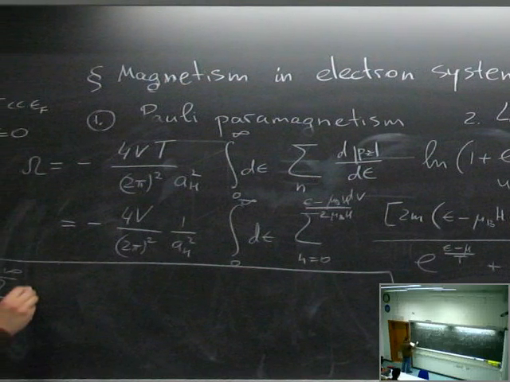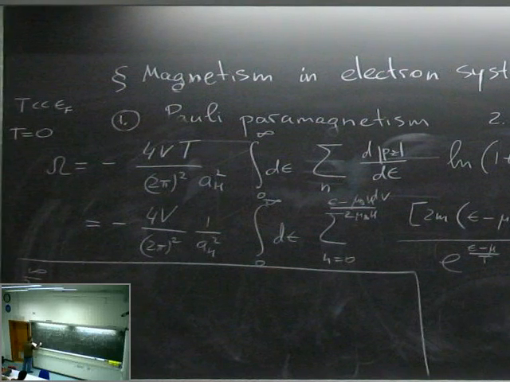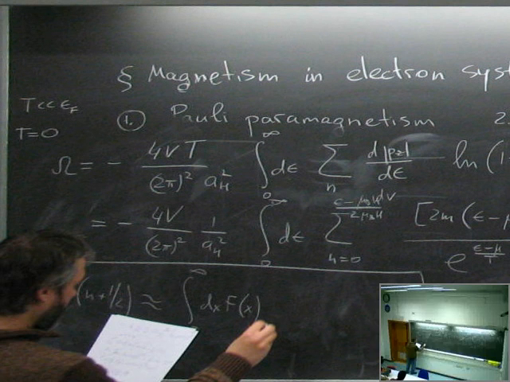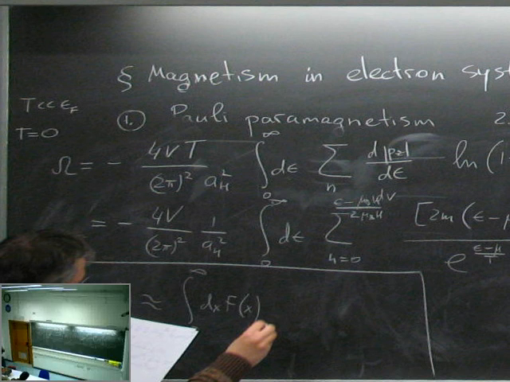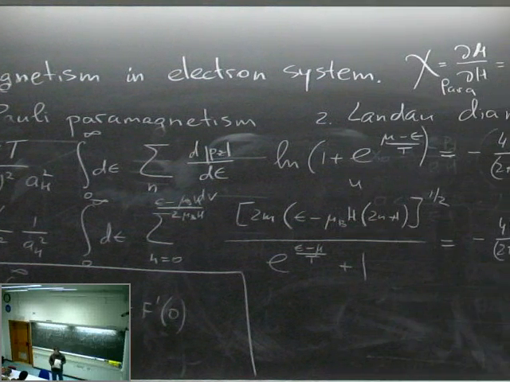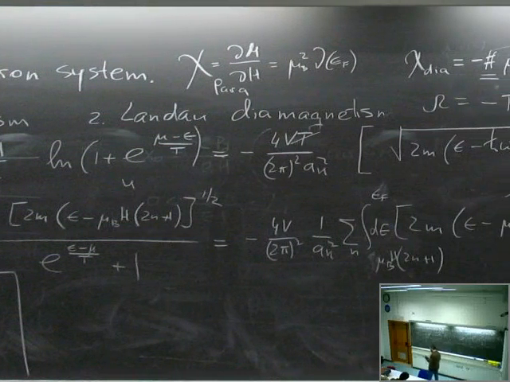Then the approximate formula is integral from 0 to infinity dx f(x) plus 1 over 24 f prime at 0. So this is Poisson summation, which you should actually have heard about from mathematics and advanced statistical physics.